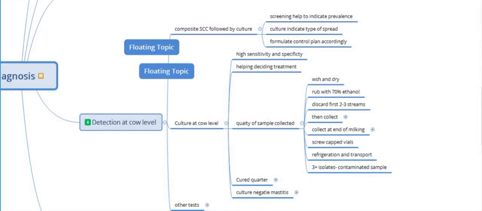So you have to start from the tip and go towards the upper areas of the teat. Then the first 2-3 streams you have to discard, and then only you have to collect the milk. So that is known as the pre-milking sample. That means before the cow is milked, you collect the sample.